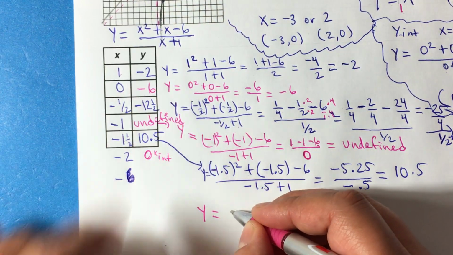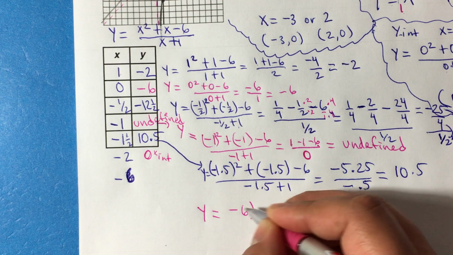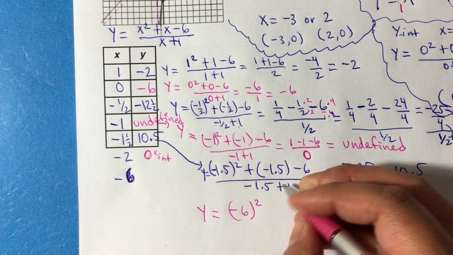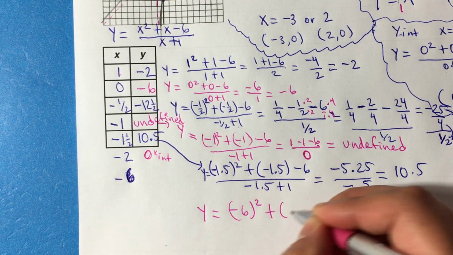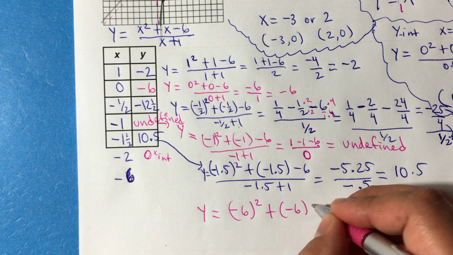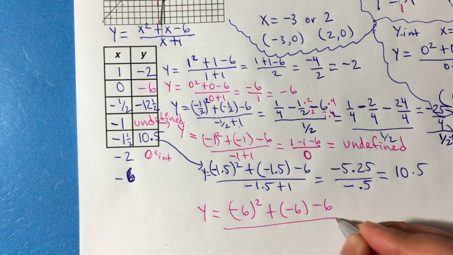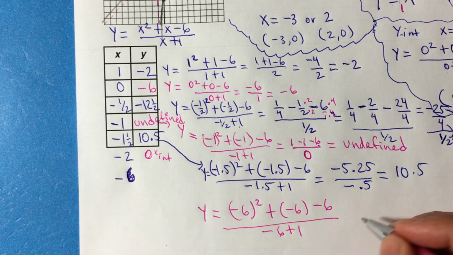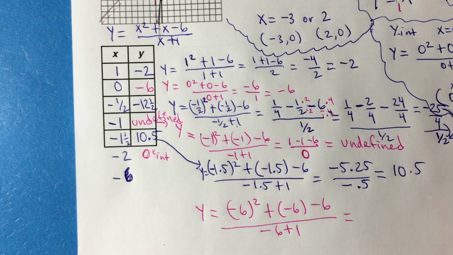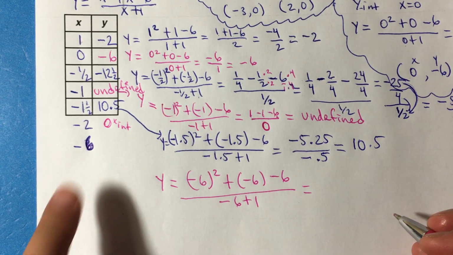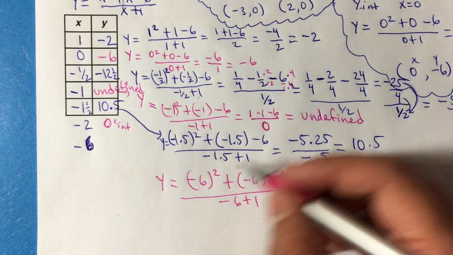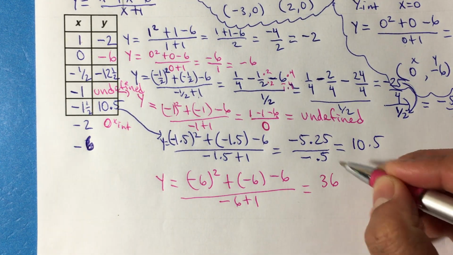Okay? So it's negative 6 squared. Because it's negative, that's why we're putting the parentheses, plus negative 6 minus 6, negative 6 plus 1. All we're doing is replacing the x value. Negative 6 times negative 6 is positive 36.